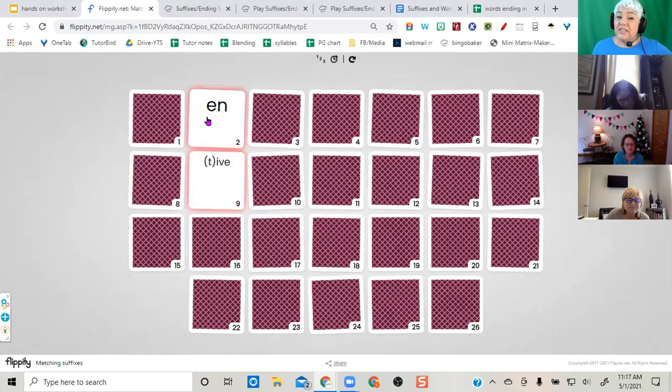So this one means to make, as if I want to make a room dark, what will I do? Enlighten. Nice. This one makes it into an adjective, a describing word. Can you think of a word? Active. Excellent. So I'll go through, maybe do a little bit of teaching, get the students involved.